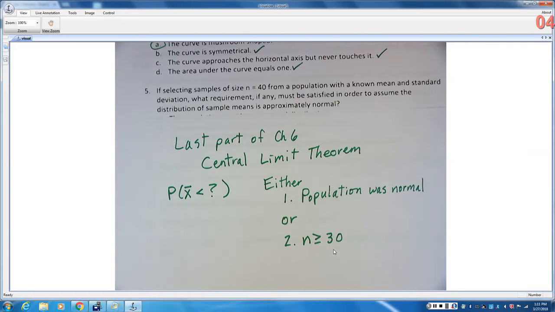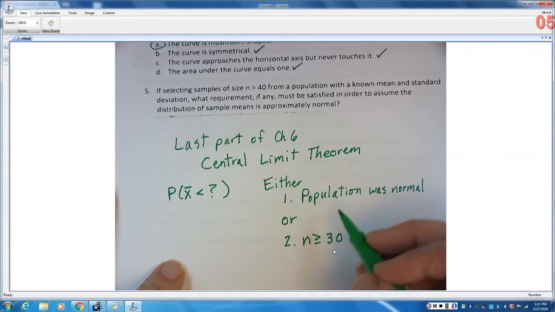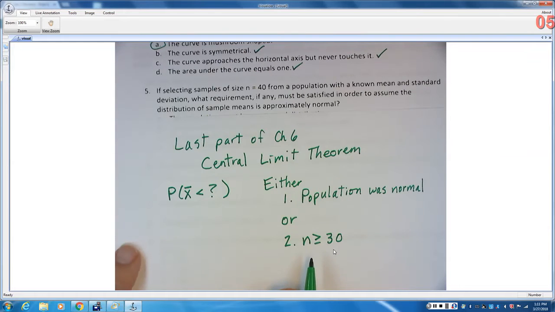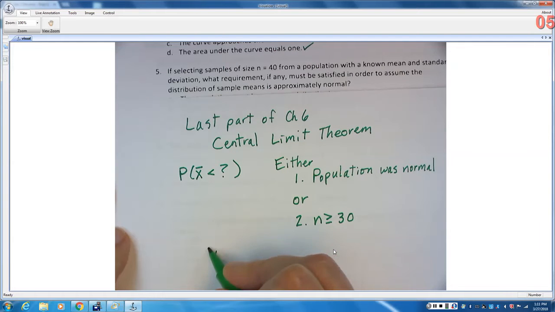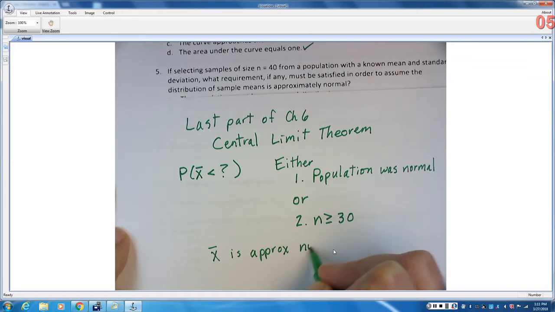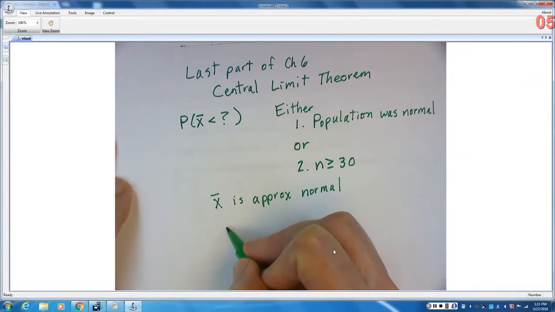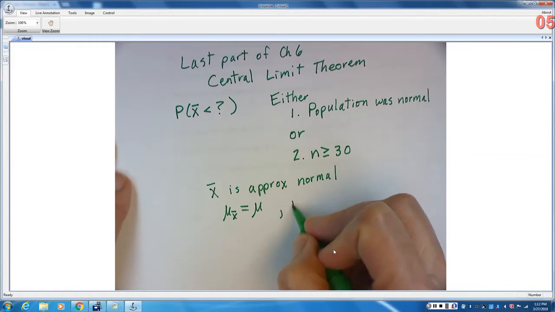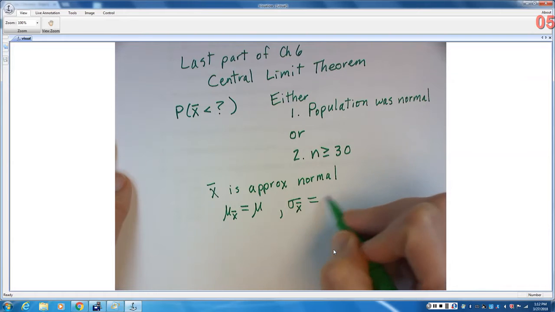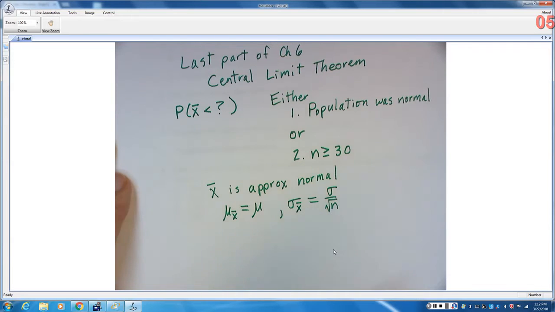So these are the conditions to be able to work a problem. If the population is normal and/or n is greater than or equal to 30, then our x bar distribution is approximately normal, and it has a mean x bar equal to the original population mean, and its standard deviation is smaller by sigma divided by the square root of n. So that's the central limit theorem.